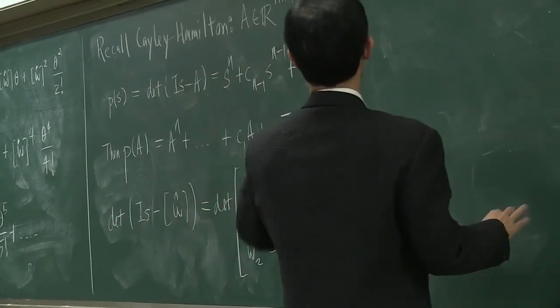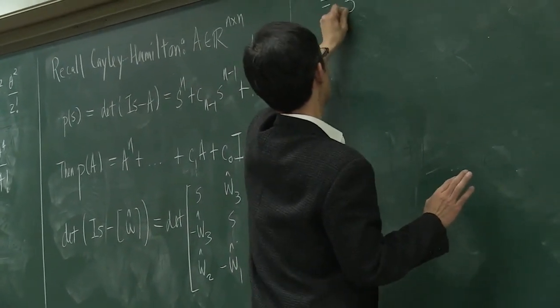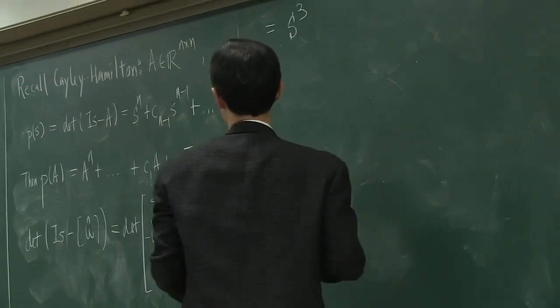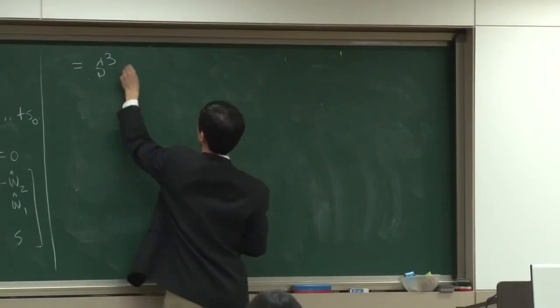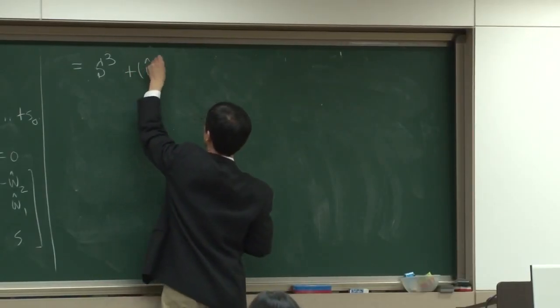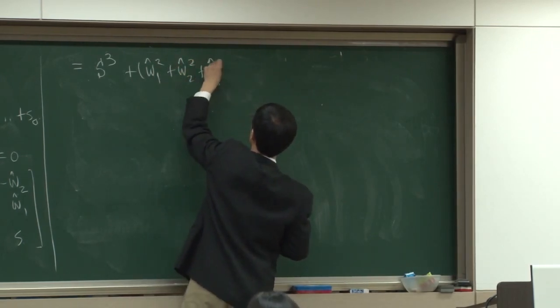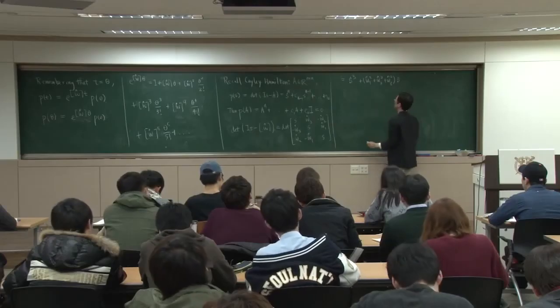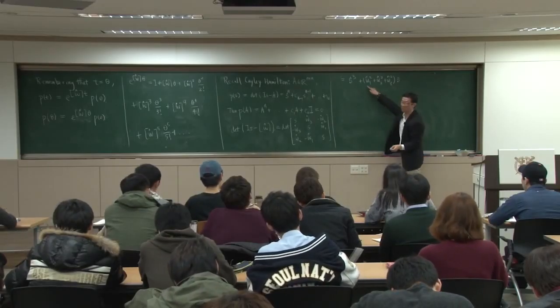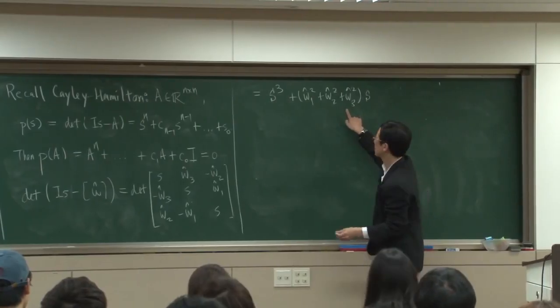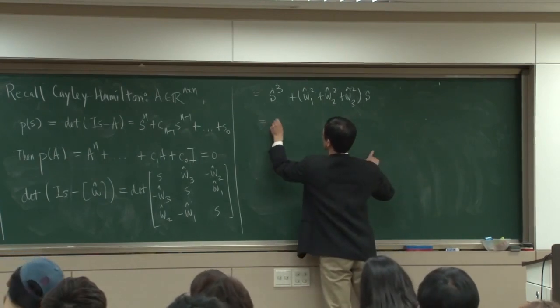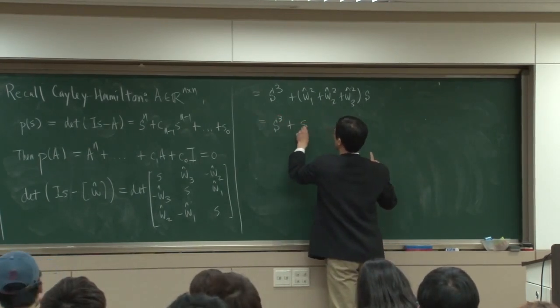It's easy enough. Turns out this is going to be s cubed plus omega 1 squared plus omega 2 squared plus omega 3 squared times s. But we know that this is a unit vector. So this is just s cubed plus s.